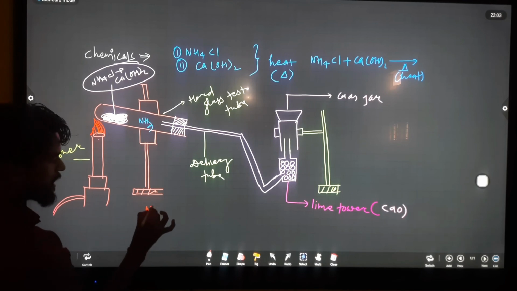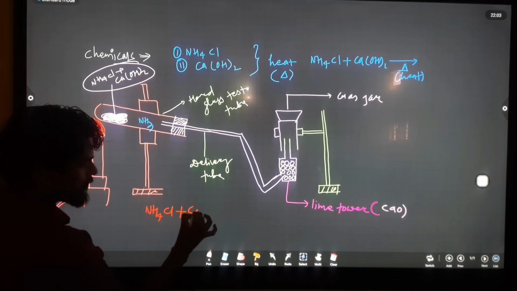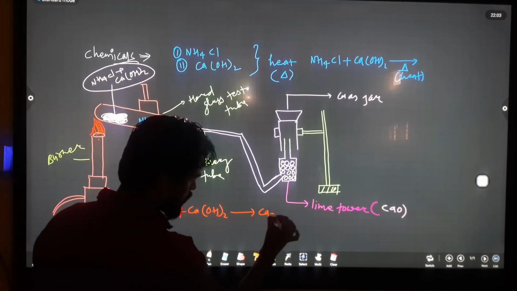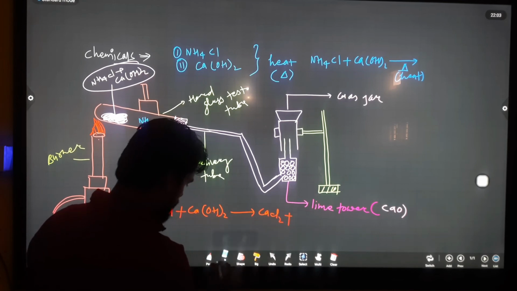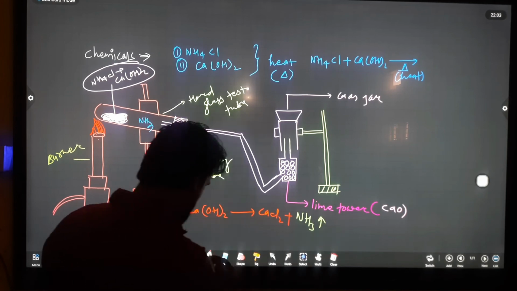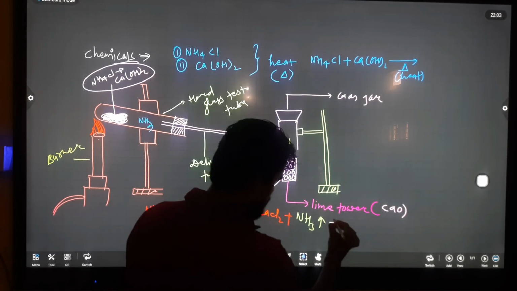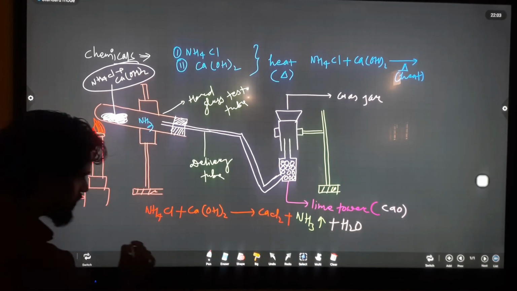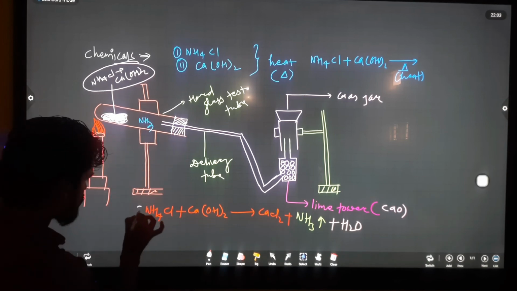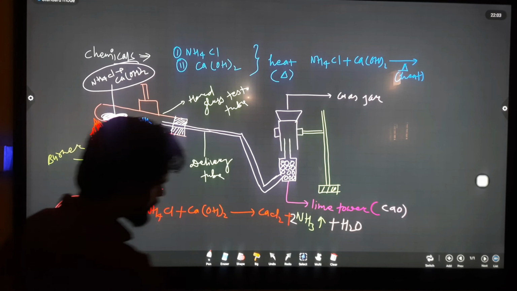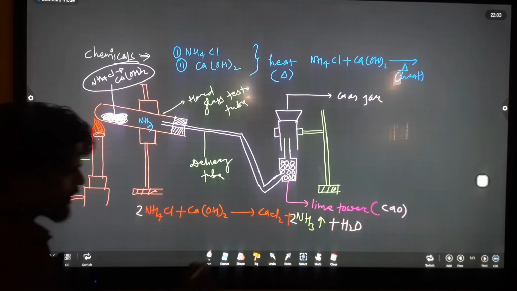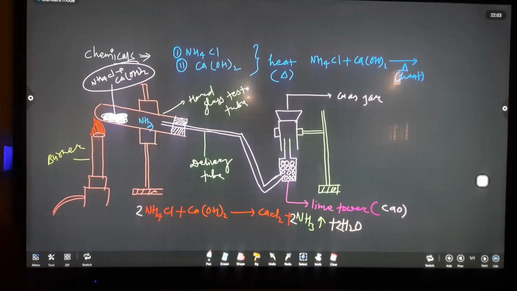When ammonium chloride, NH4Cl, reacts with calcium hydroxide, we get calcium chloride, plus our requirement, ammonia, plus water. To balance this: there is one nitrogen, so I have to put 2 for NH4Cl, giving Cl2. Then balancing hydrogen and oxygen, I have to put 2 more for water. Now it is balanced.